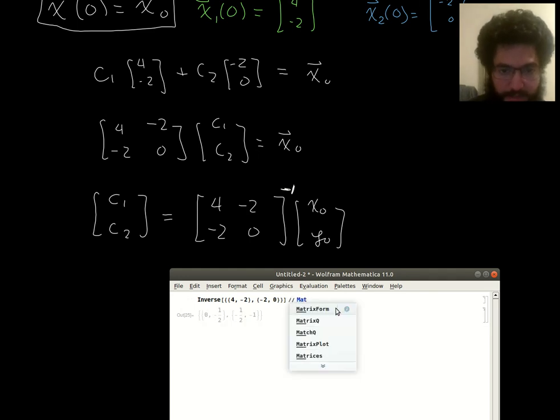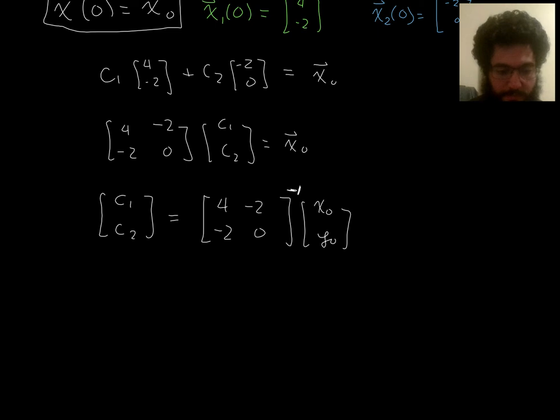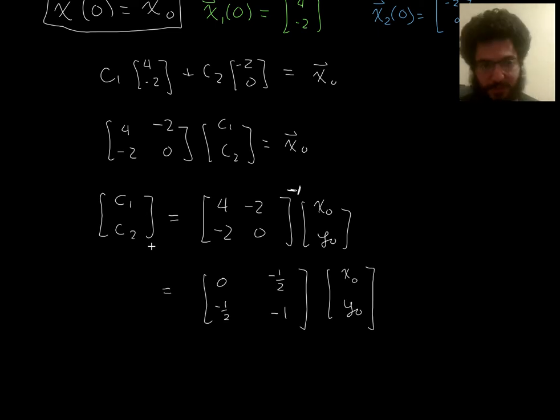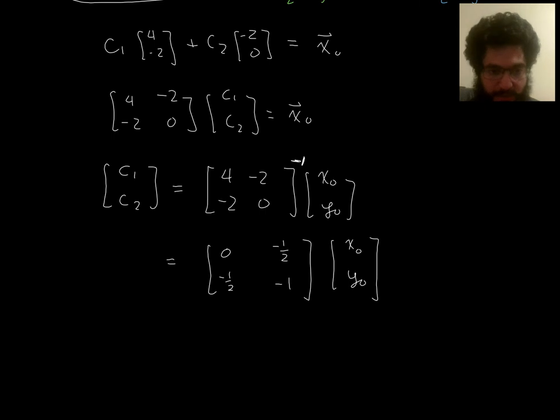And if I do this, I can make it look pretty: 0, negative 1/2, negative 1/2, negative 1. Great, so now I've solved for C1 and C2, right? In terms of the initial conditions. I know that C1 is negative 1/2 x naught, and C2 is negative 1/2 x naught minus y naught.